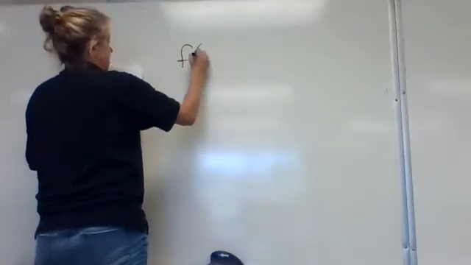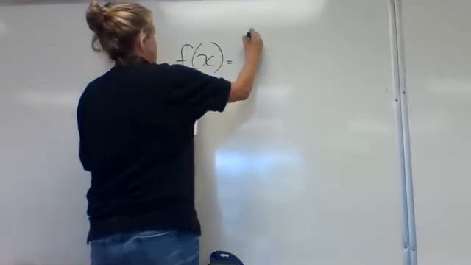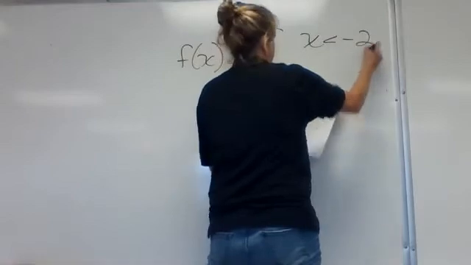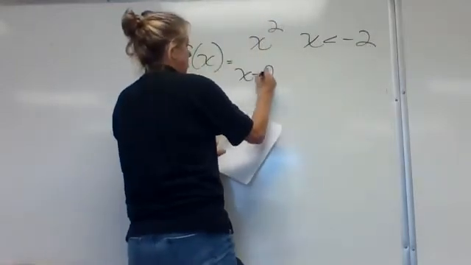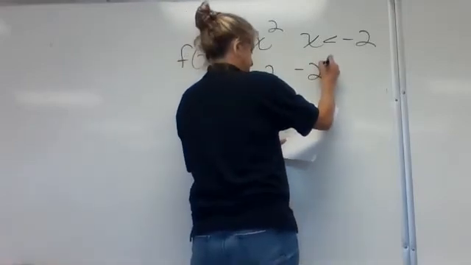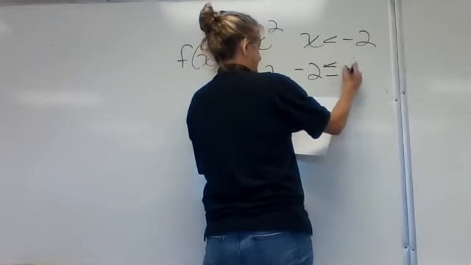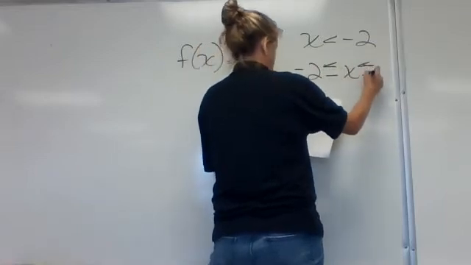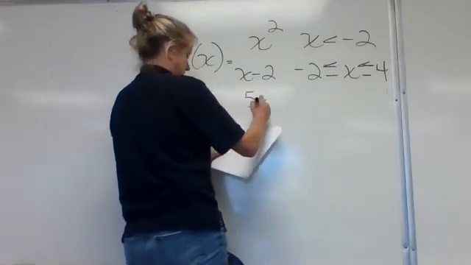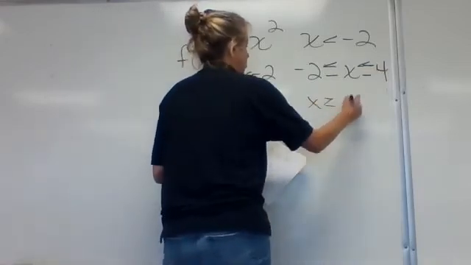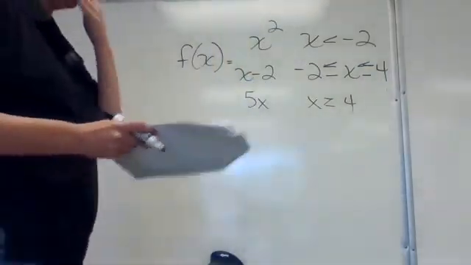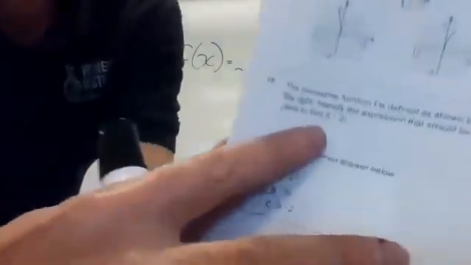So this one says f of x equals x squared when x is less than -2, x minus 2 for when -2 is less than or equal to x, which is less than or equal to 4, and it's 5x for when x is greater than or equal to 4. So there's 3 parts to this graph, depending on what the x is.